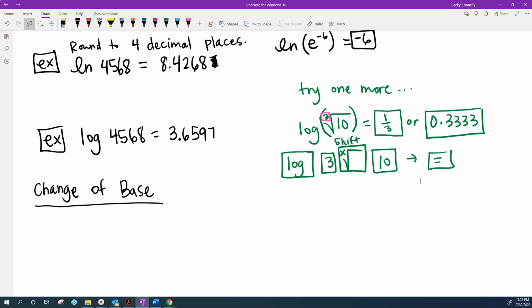Okay, and if you feel like you need a little bit of help with your calculator, I'm happy to stay after class and give you some one-on-one help with your calculator. Just because, like I said, everybody's calculator is going to be a little bit different.